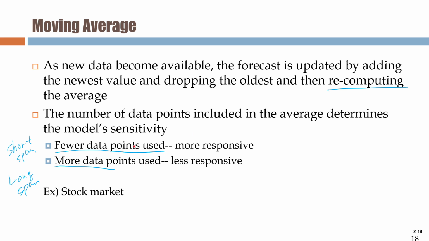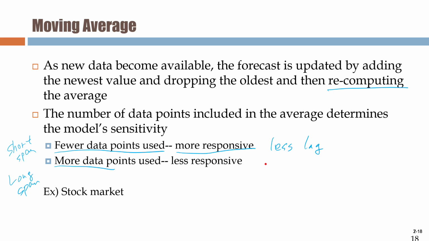Of course, if you use a shorter one, our forecast is changed by the actual stock price change fast, with less lag. But with more data points, if my data actually jumps up, that is still just one of the many numbers, so the average will not just follow it going up.